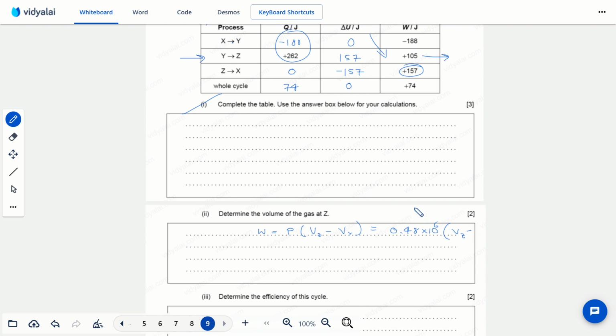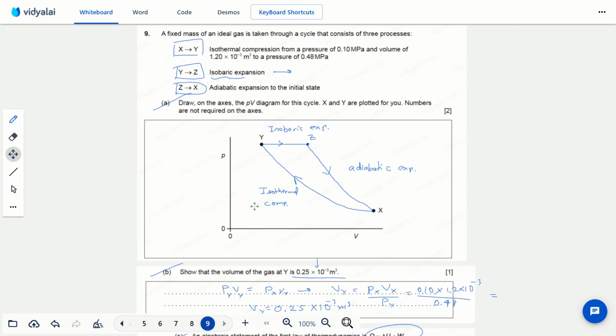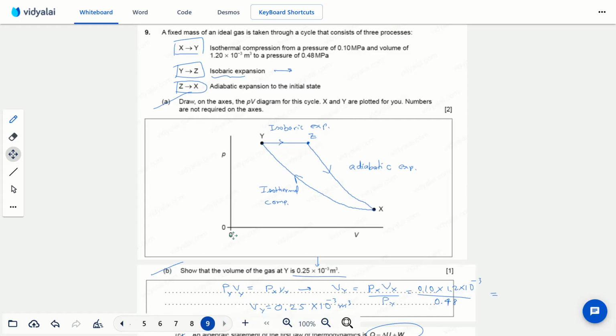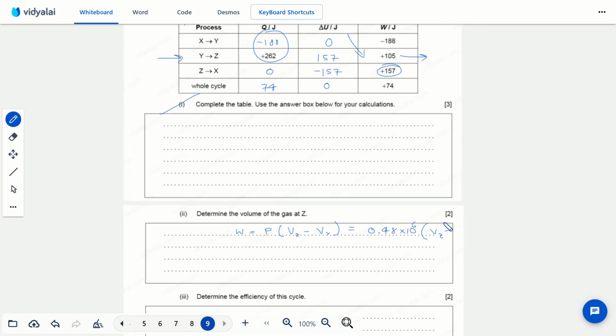Vz stays as it is because we need to find that out. What about Vy? Vy is 1.2 times 10 raised to minus 3. And also we can substitute for W here. In this step it's 105 joules.